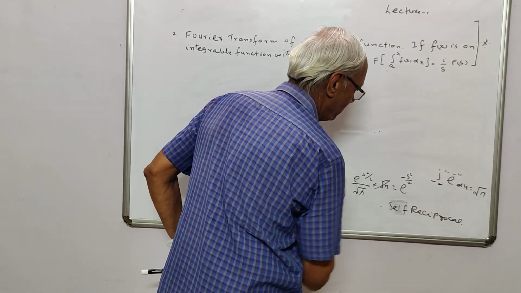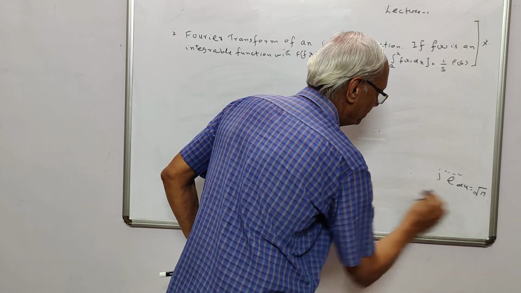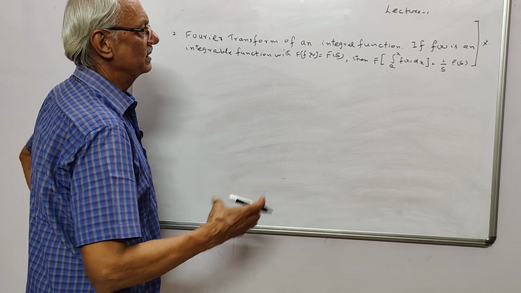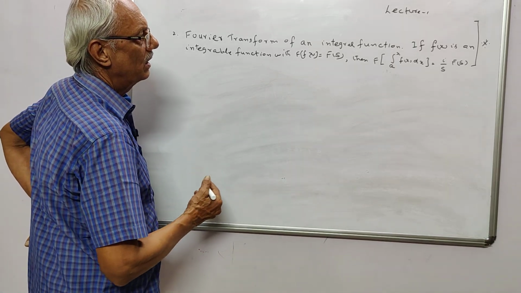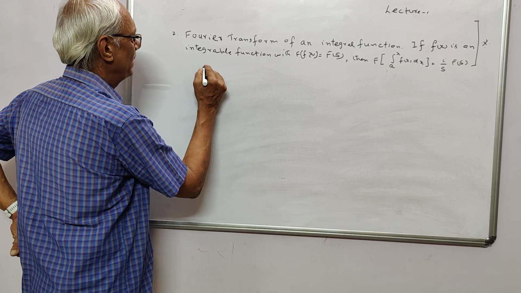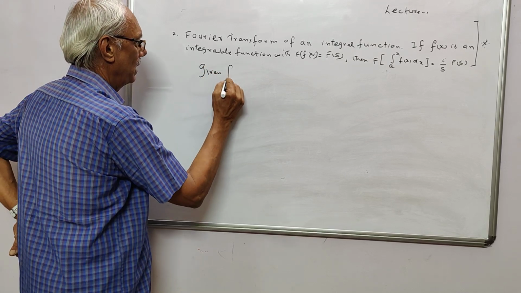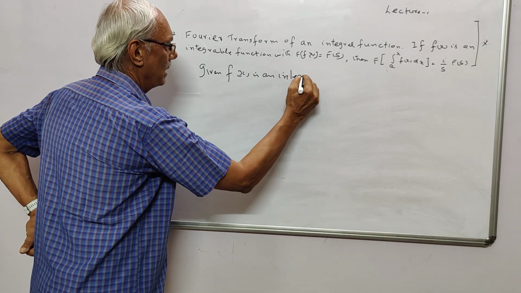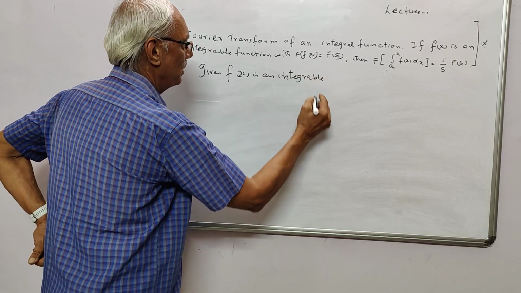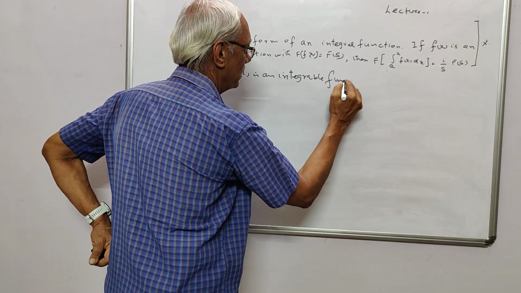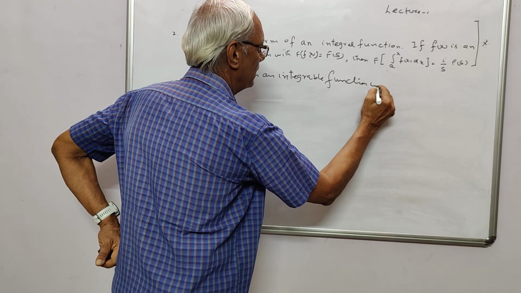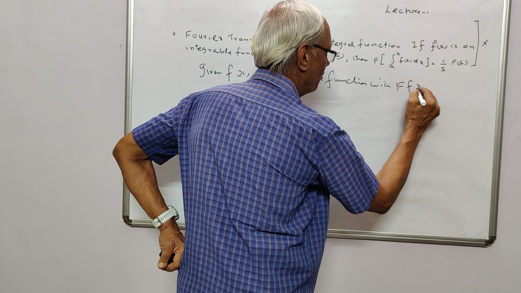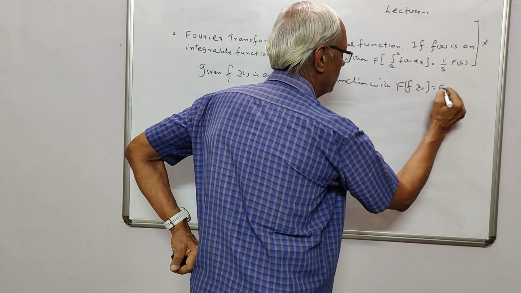See, what is it that we will do here? Now let me start doing this. Given f of x is an integrable function, it has got a Fourier transform, F of f of x is equal to F of s.